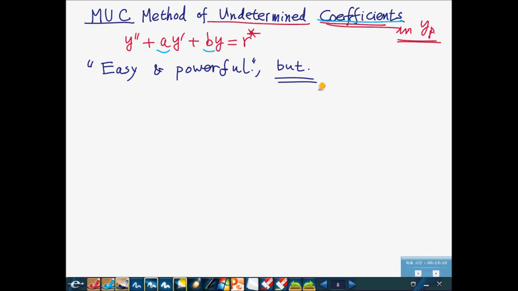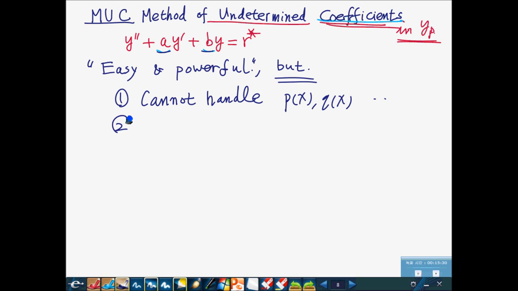There's a limitation, right? Number one limitation is it cannot handle P of X, Q of X stuff. Only handles number coefficient, A, B. And secondly, the R star is to be a special function. It must be a special function, otherwise you cannot solve it.